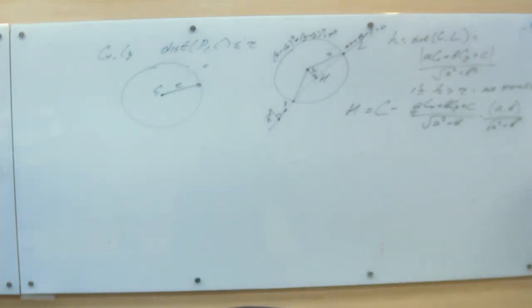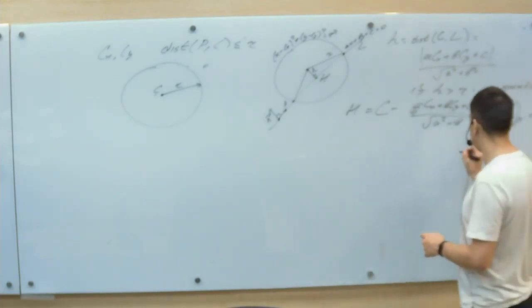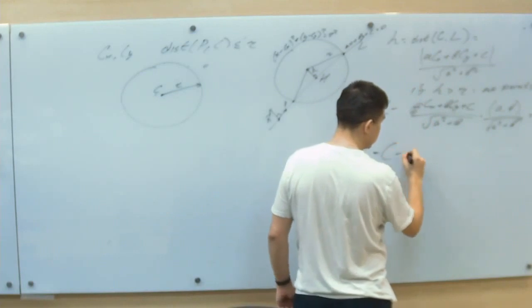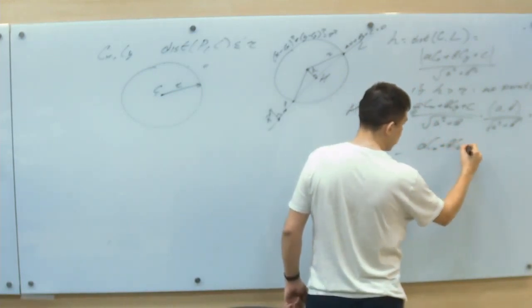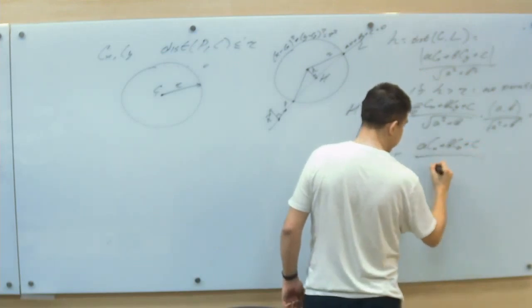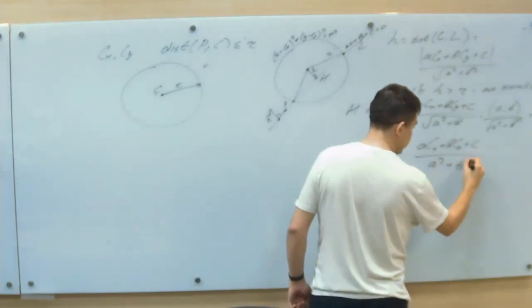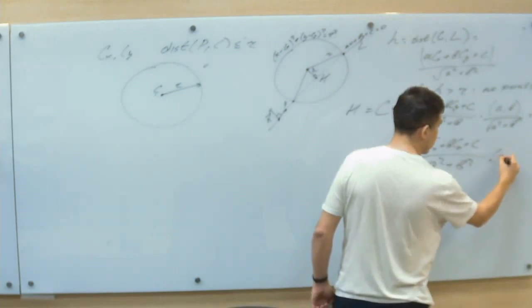And usually the good idea in geometry, if you're checking for something and you can do it in integers, that's probably a good idea to do it. So we can rewrite this as C minus sign distance divided by A squared plus B squared times AB.